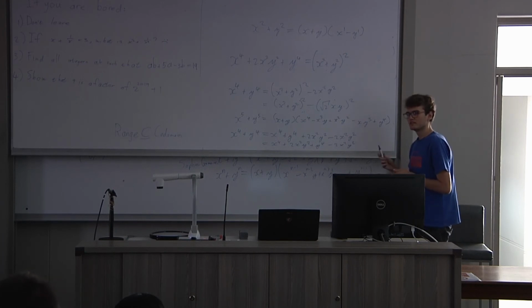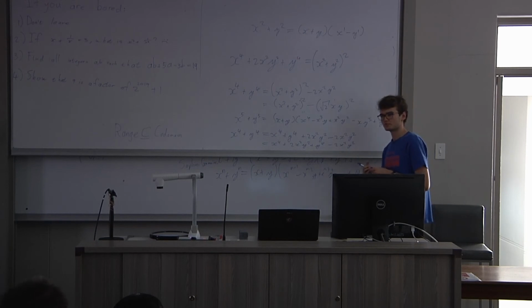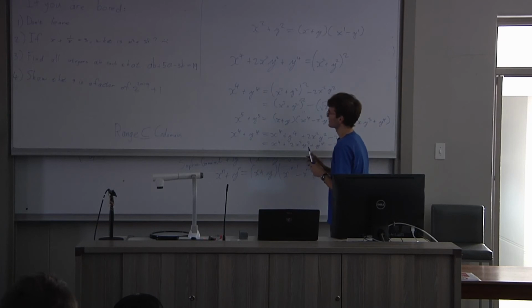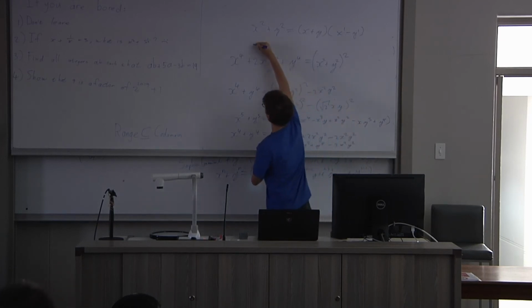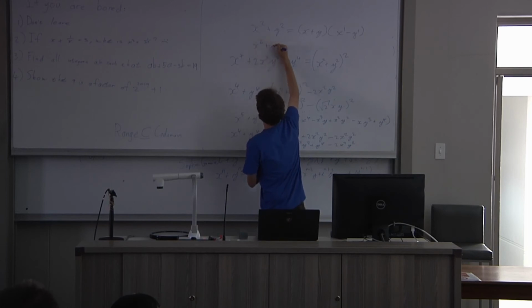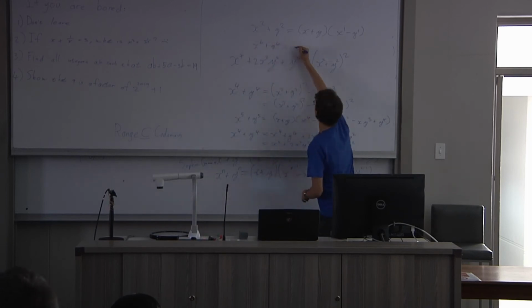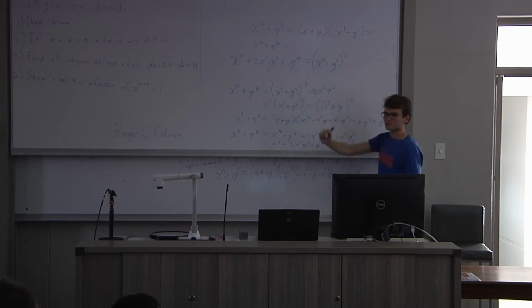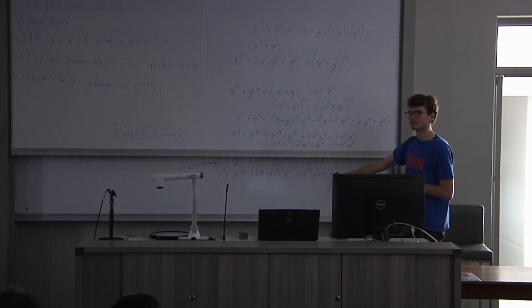And when n is 2 more than a multiple of 4, you can't do it. So if you have x to the 6 plus y to the 6, you can't use that formula for that.